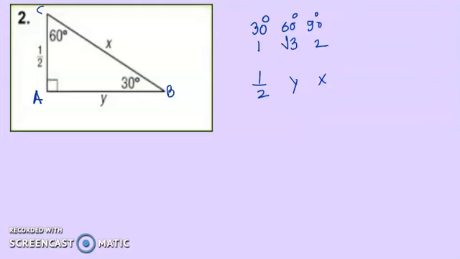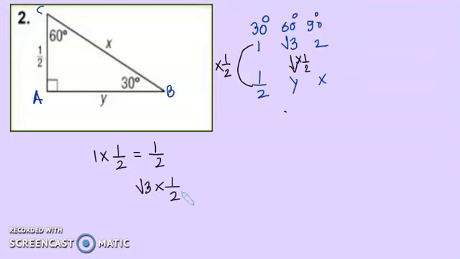So how should we find the values of x and y? Now see the relation. It is 1 and it is half of that. So 1 multiplied by 1 by 2 gives you half. That means this will also be 1 by 2 times, so root 3 times 1 by 2 gives root 3 by 2.